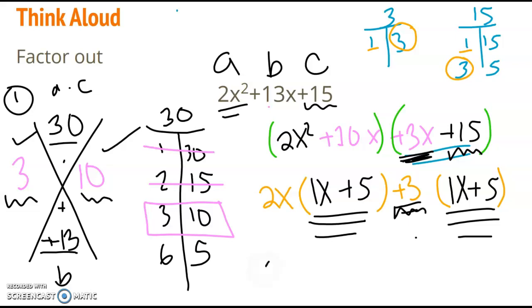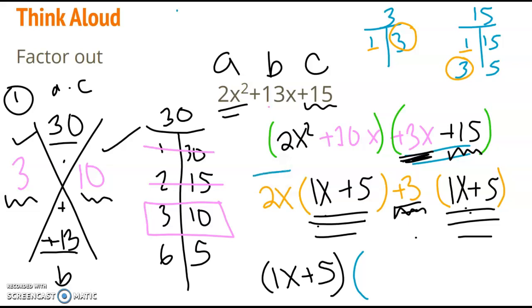That is going to be one of my factored forms. This only works if both sets of parentheses are exactly the same, but it's only going to be one of my factored binomials. My second binomial is going to be what I factored out.